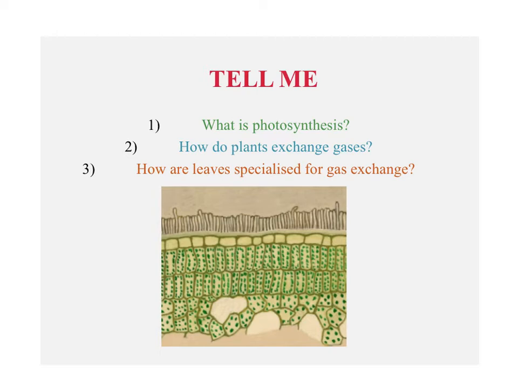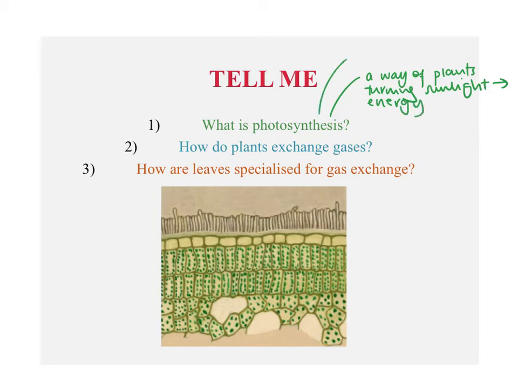So hopefully you've had a go at these 3 questions. Photosynthesis is a way of plants turning sunlight into energy. This is a biochemical reaction. It's the inverse of aerobic respiration.